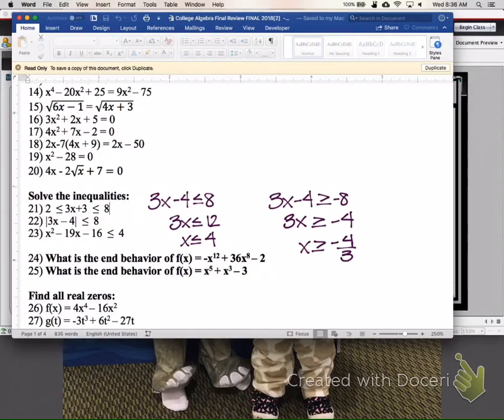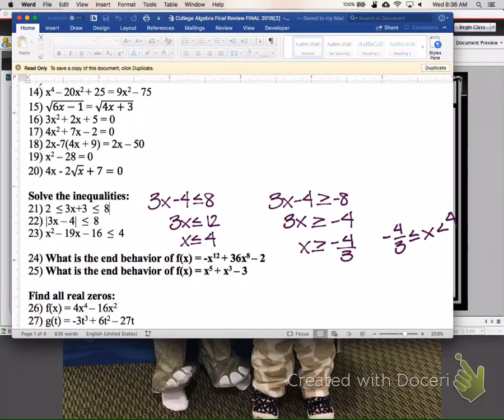And then you would graph it if they asked you to, but I don't believe that they did in this case. They just have x is between negative 4 over 3, because you can write your answer in this form. Because it's less than 4 and greater than negative 4/3, it's in between the two of them in the answer form.